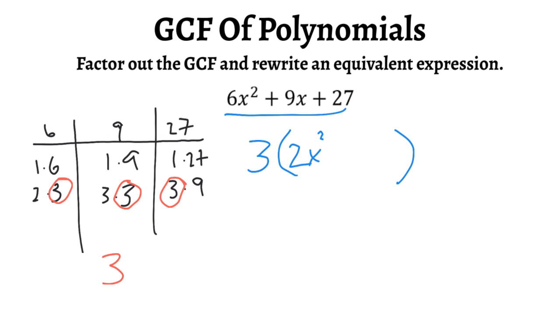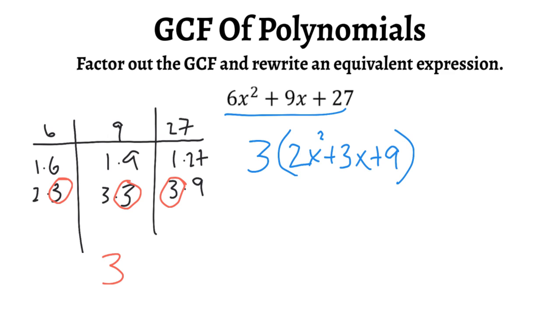If I divide the second term by 3, I get positive 3x. And if I divide the last term, positive 27, by 3, I get positive 9. I write my GCF on the outside, and then on the inside, I write what's left over.